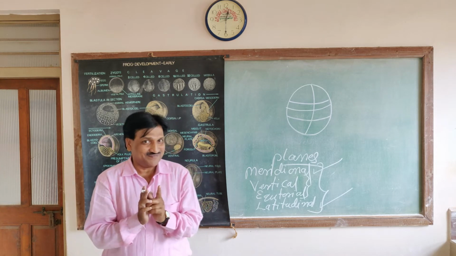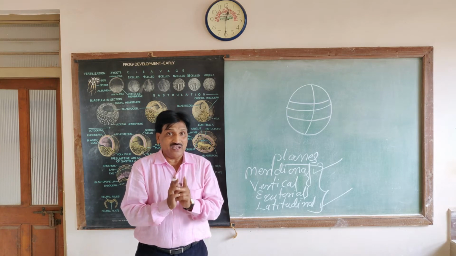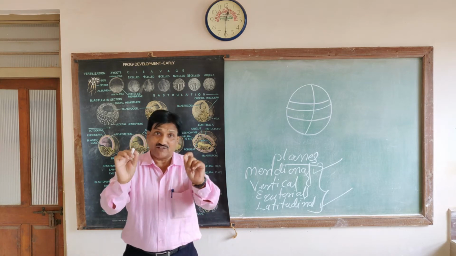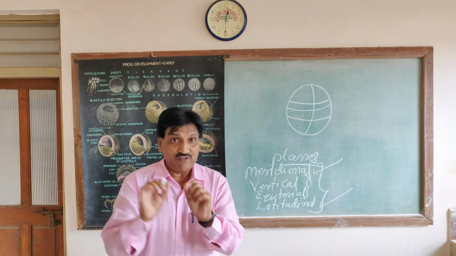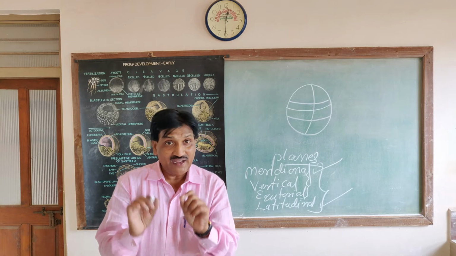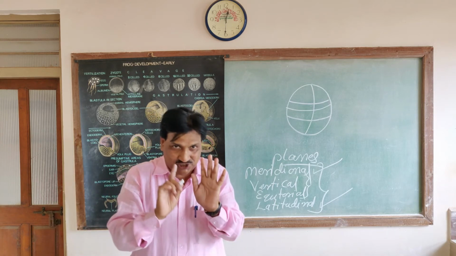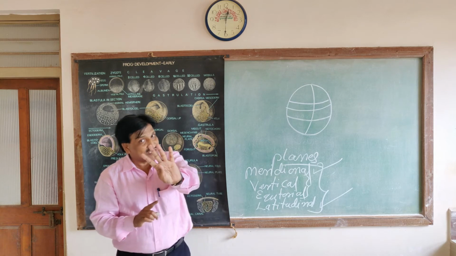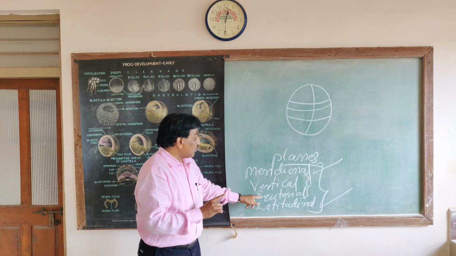I will repeat. The cleavage furrow generally occurs at one point of the egg. The cleavage furrow divides the egg at different planes or angles. There are four planes: meridional, vertical, equatorial, latitudinal.